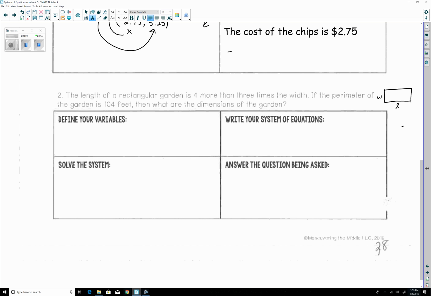So we're used to using x's and y's for our variables, okay? So I'm going to say x equals the length and y equals the width. But wait, they gave us some directions here. So I'm going to replace this. We said the length was our x and the width was our y.